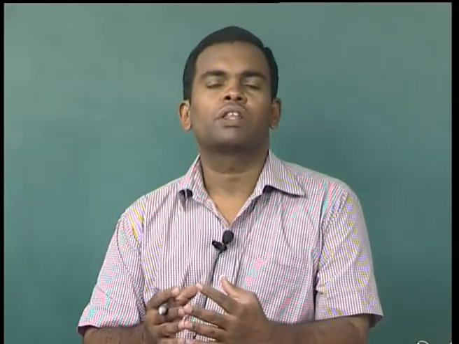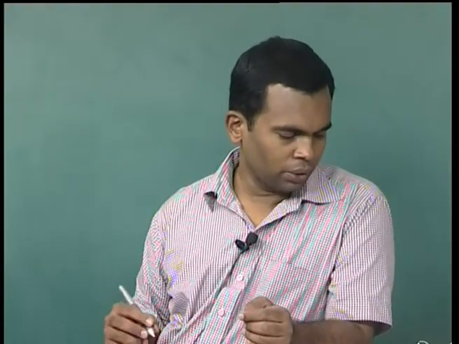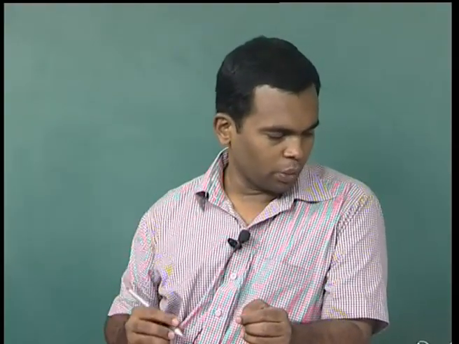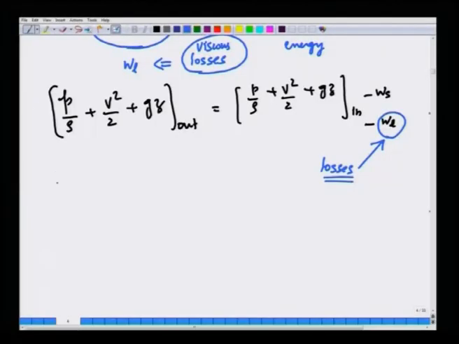But if you are looking at everything from a macroscopic point of view, that is the energy that is lost from the macroscopic side. So, we just term it as viscous losses. Okay. So, normally then therefore, we write the energy balance like this.